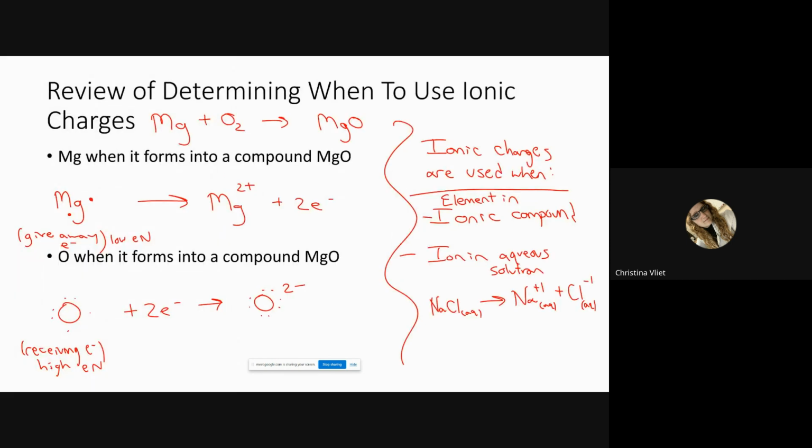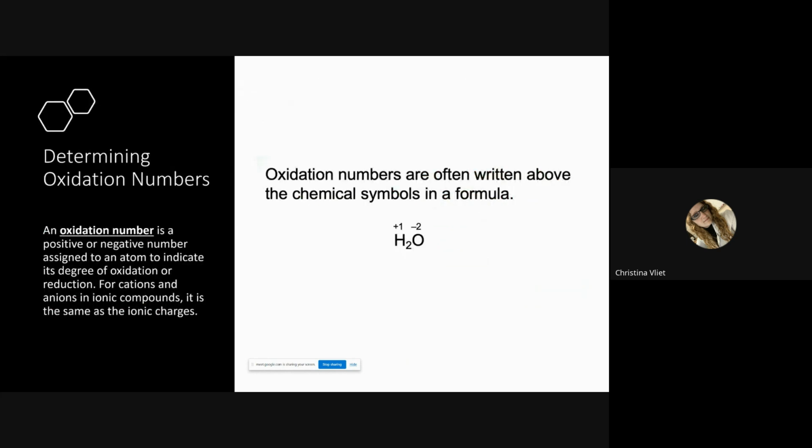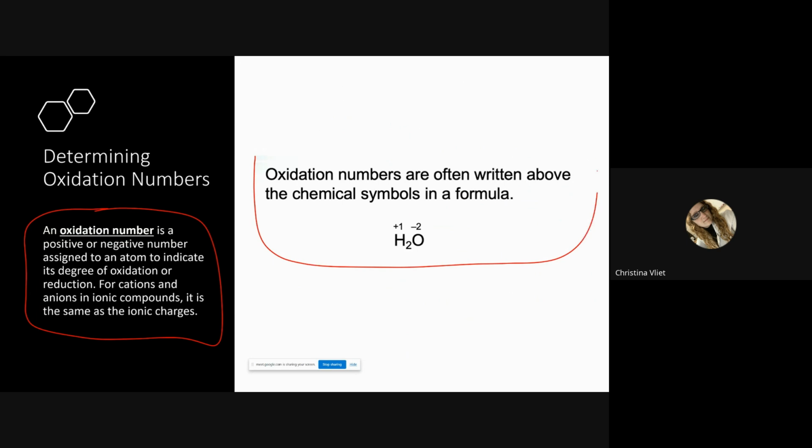So the first thing we're going to move to now is something called oxidation numbers. And you're going to want to write this down. The definition is important because it's going to help us understand what's going on. And you should probably also write what's in here, so I'll give you some time because that's an example of some oxidation numbers.